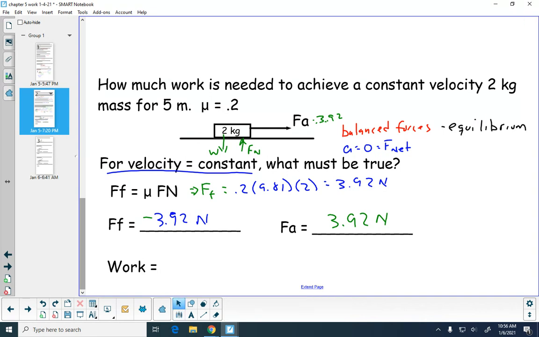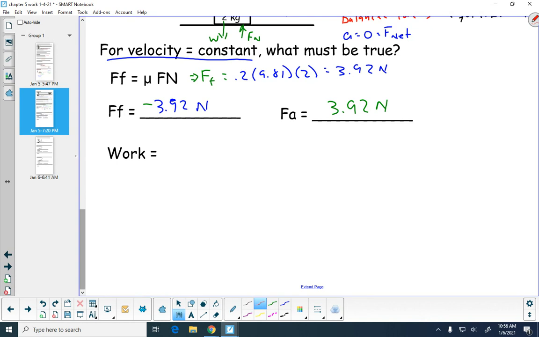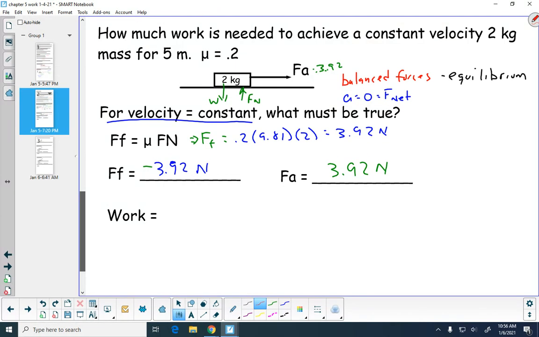Go ahead and calculate your amount of work because we're applying 3.9 newtons. We're going for 5 meters. What is our work that we are doing to be able to accomplish the constant velocity for 5 meters?